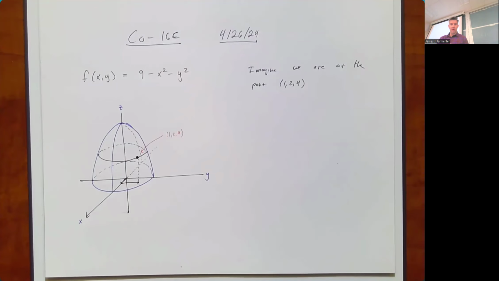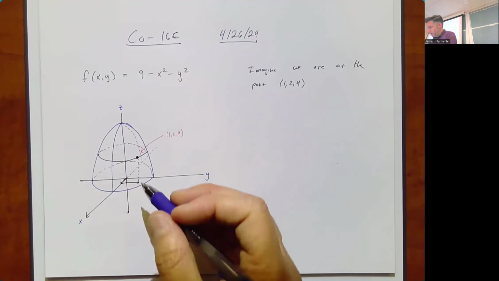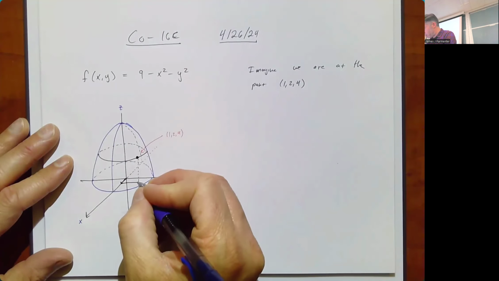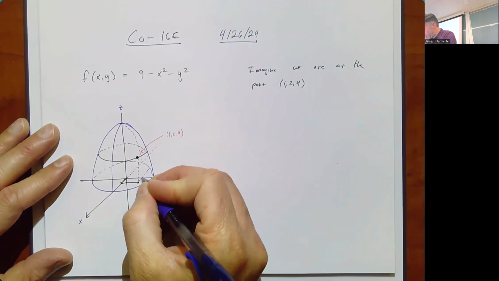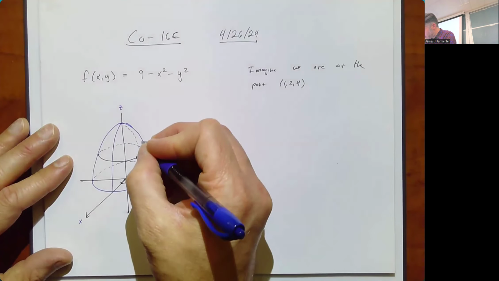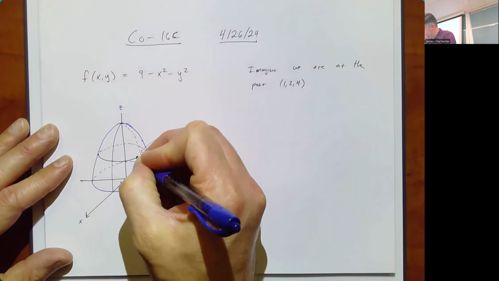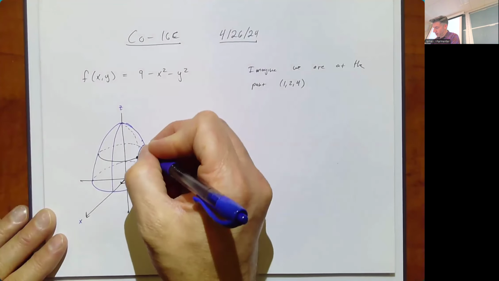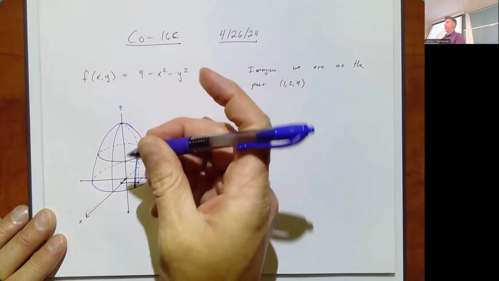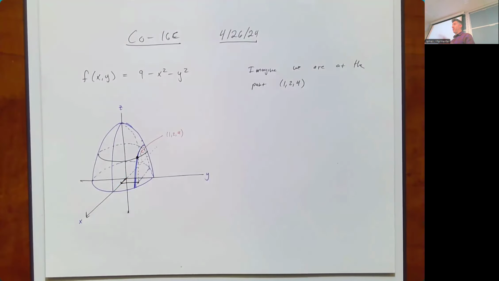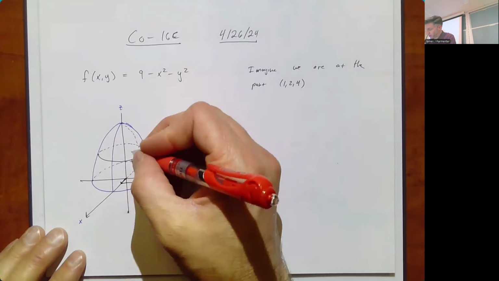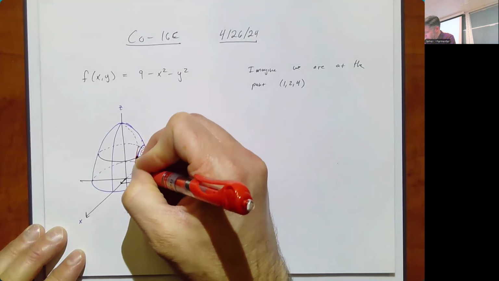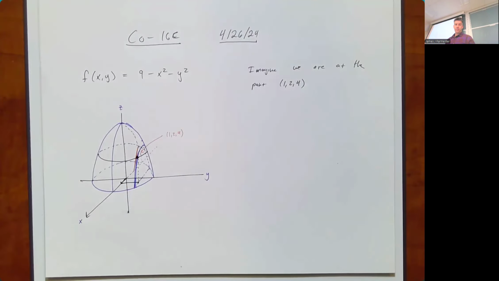So if I hold y equal to 2 constant, I'm going to get this parabola like that, right there. And then to find the slope traveling towards you, I'm just going to find the slope of the tangent line in that direction.